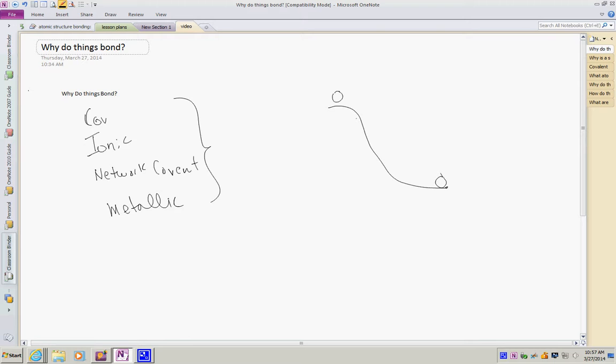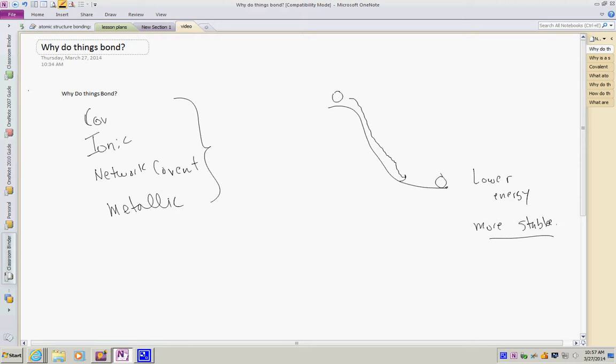As this ball rolls down the hill, it gives away energy in the form of thermal heat. It's lower energy. It is more stable.